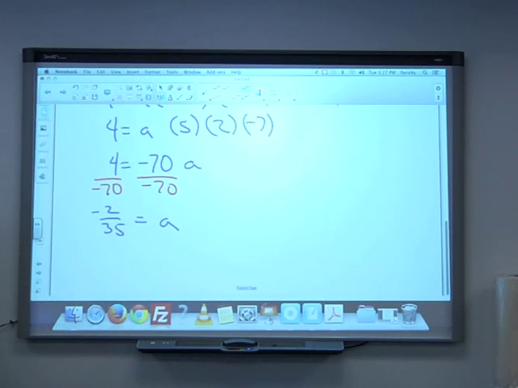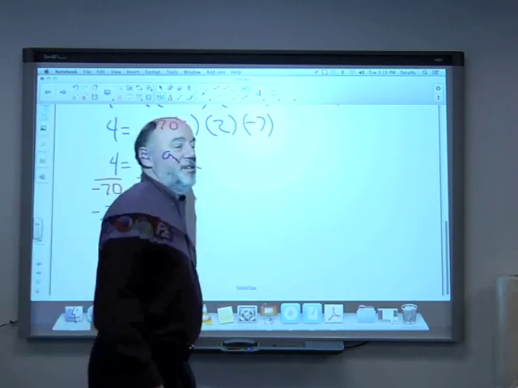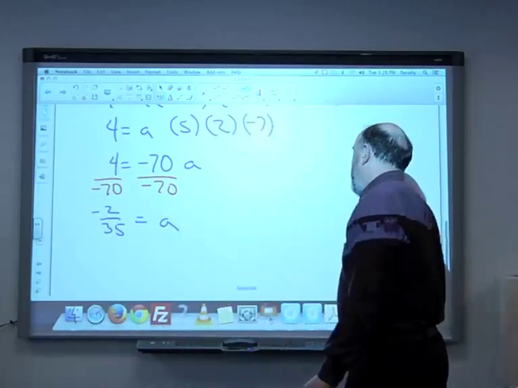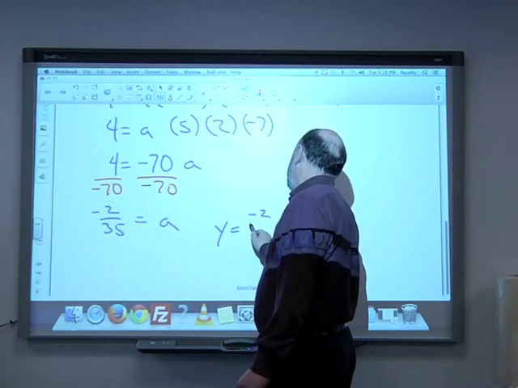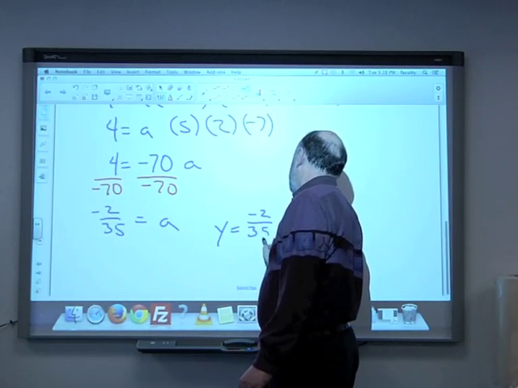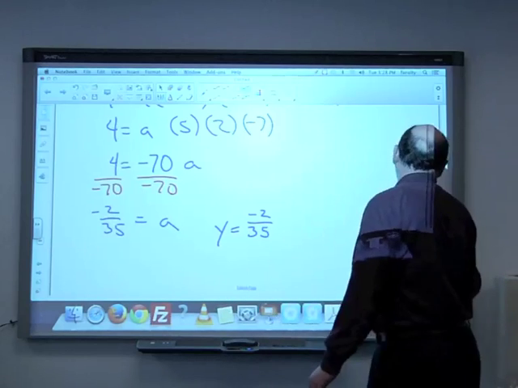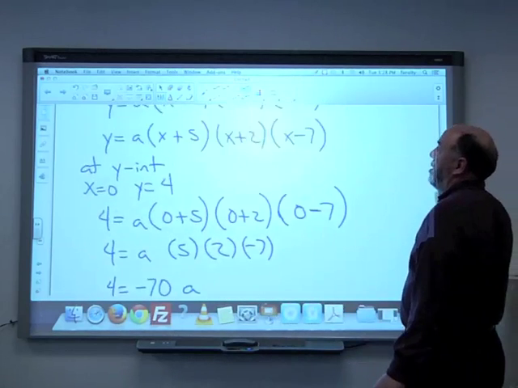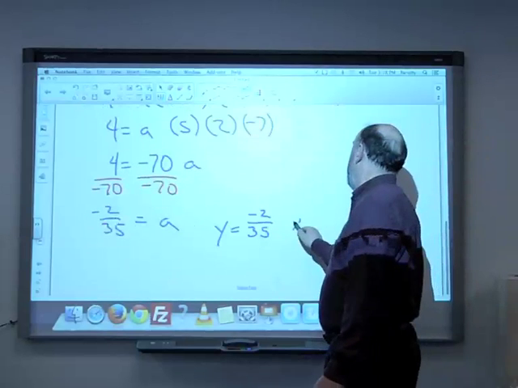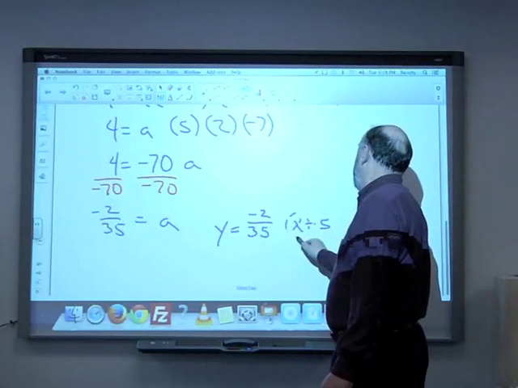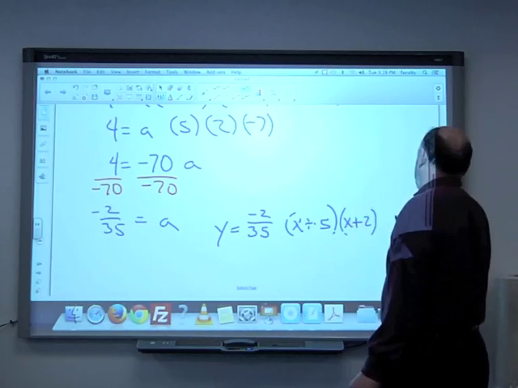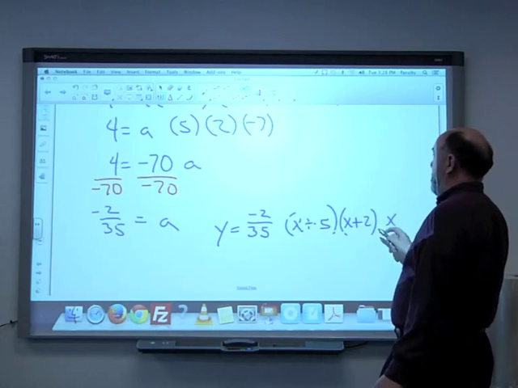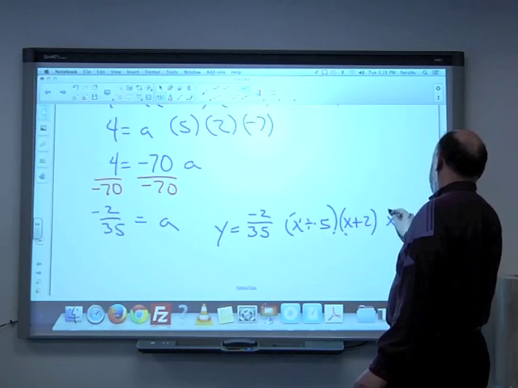So in terms of my question, which was what is the equation that goes with it, the final answer is y equals minus 2/35 times (x plus 5), (x plus 2), and (x minus 7).